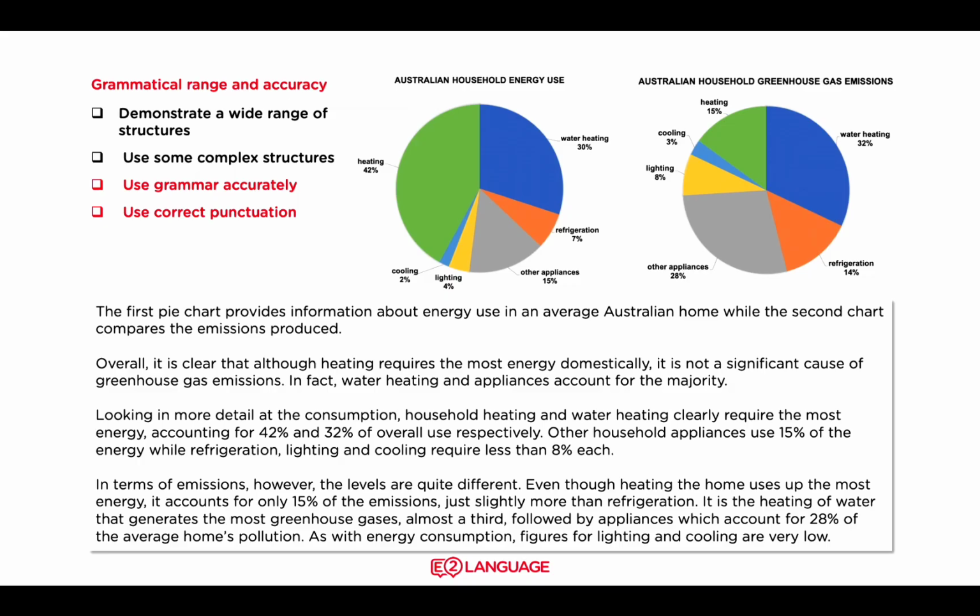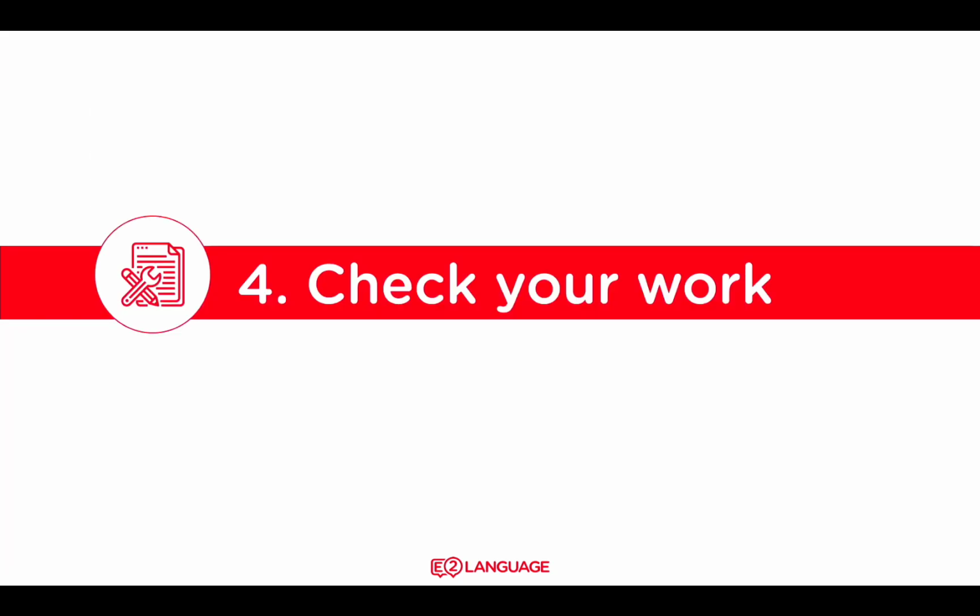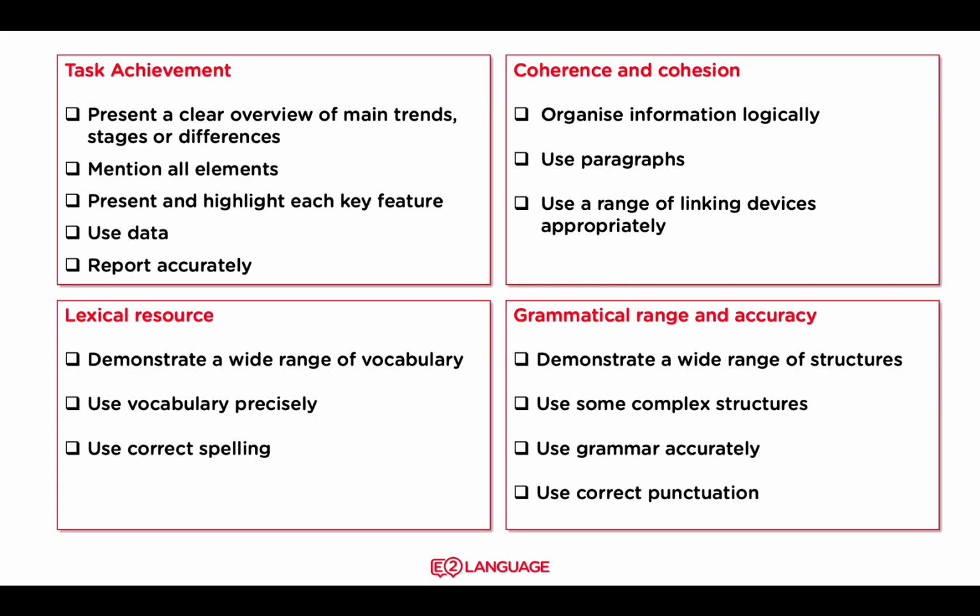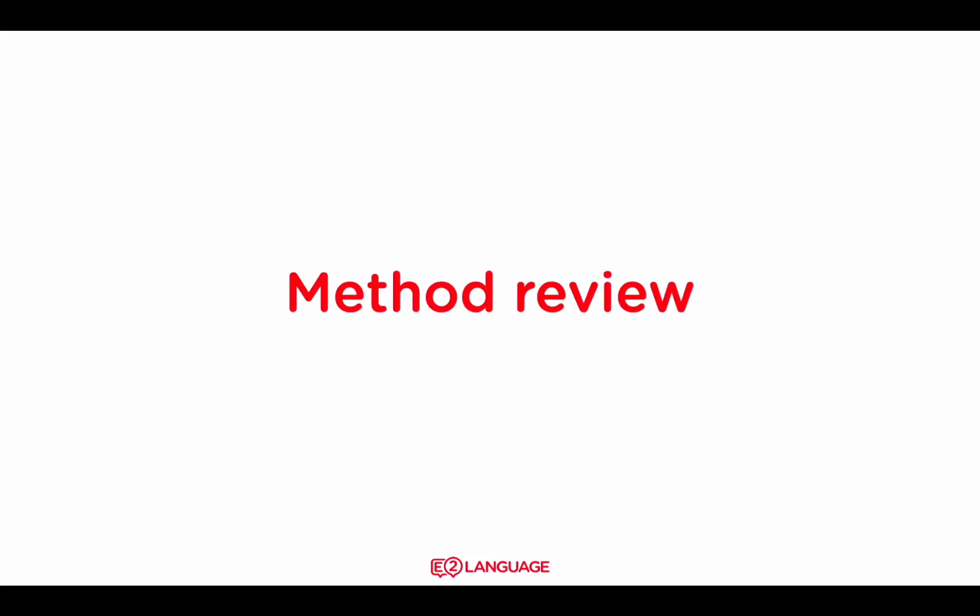This is a matter of editing and getting feedback on your work, of course. So grammar is accurate, punctuation is accurate as well. Now that you're ready to move on and have a go yourself, make sure you always check your work when you finish and use the checklist to do so. All those points we just looked at, plan with them in your mind, write with them in your mind, and then go through and check, did you do each one?